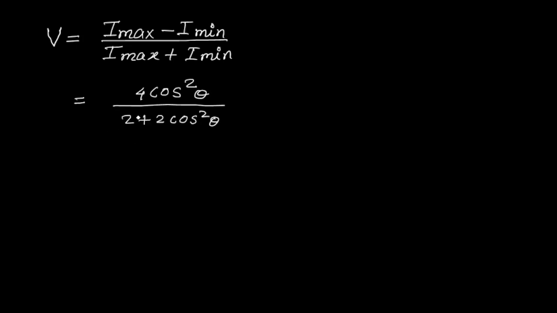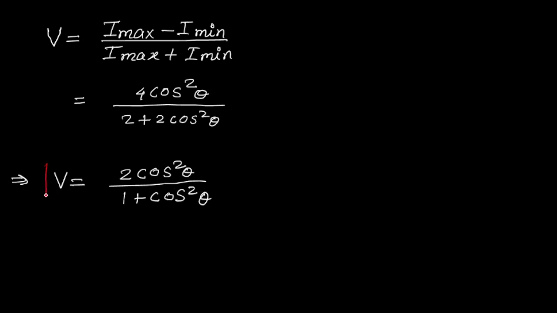So if we remove this 2 from denominator and numerator, finally we'll get visibility V is equal to 2 cos square theta divided by 1 plus cos square theta. Okay, so this is the general definition of visibility.